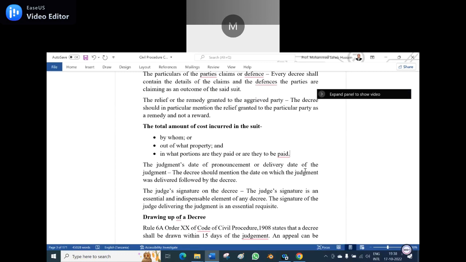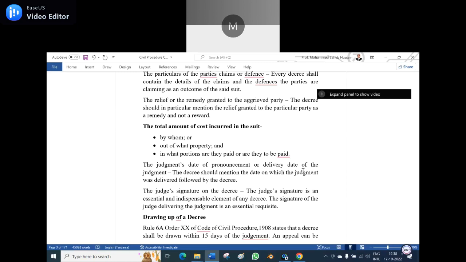The decree should mention the date on which the judgment was delivered and followed by the decree. So the sequence should be maintained over there. The judgment date, the decree date also. And the decree implementation, if you want to make it out, comes in the form of an order, which is nothing but what should be done and what should be given.